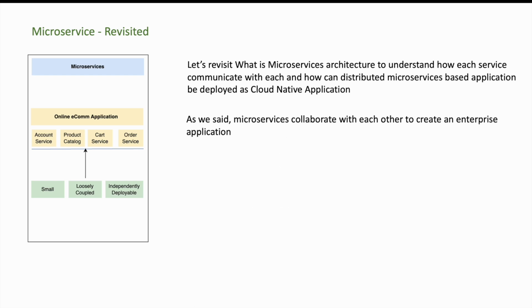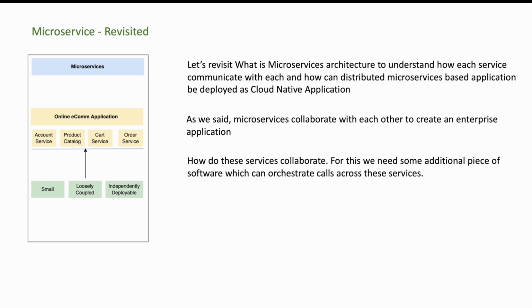So here again, it's an example of an e-commerce application which is built using different microservices like account service, product catalog, cart service, order service. Now, how do these services collaborate? For this, we need some additional piece of software which can orchestrate calls across these services, that is, account service, product catalog, cart service, order service.